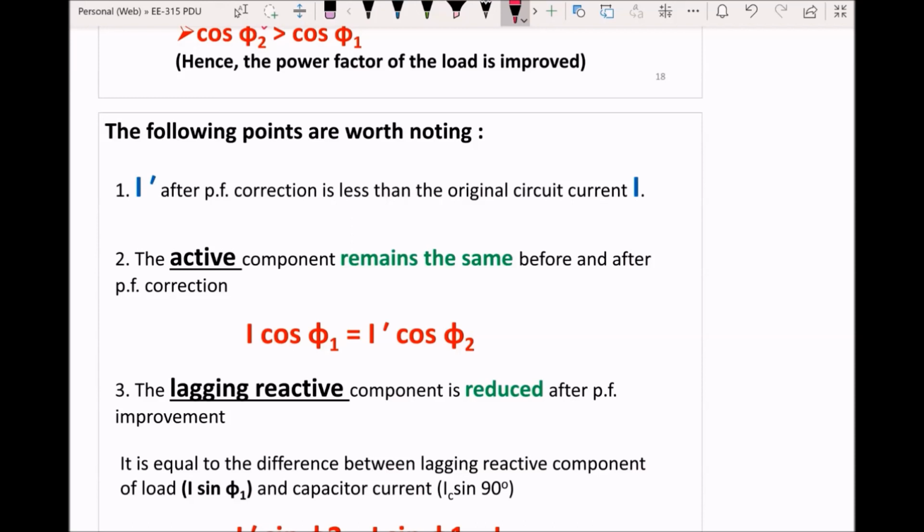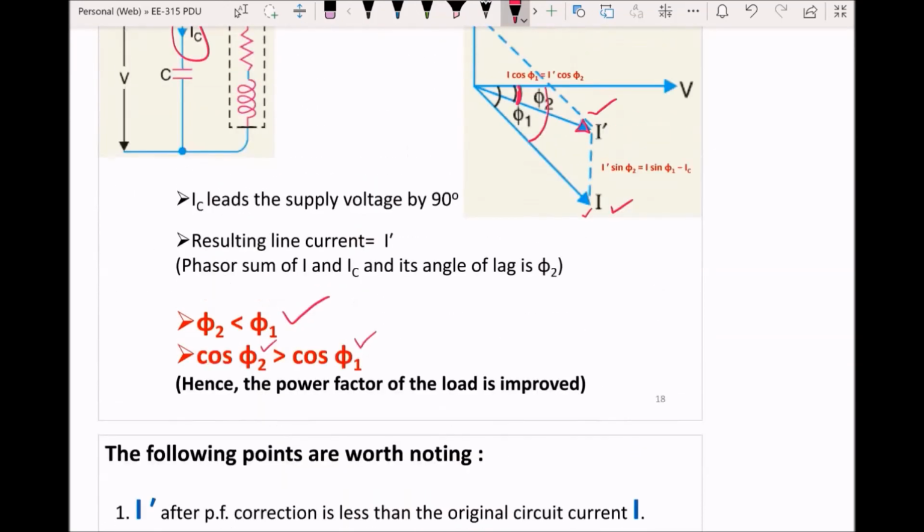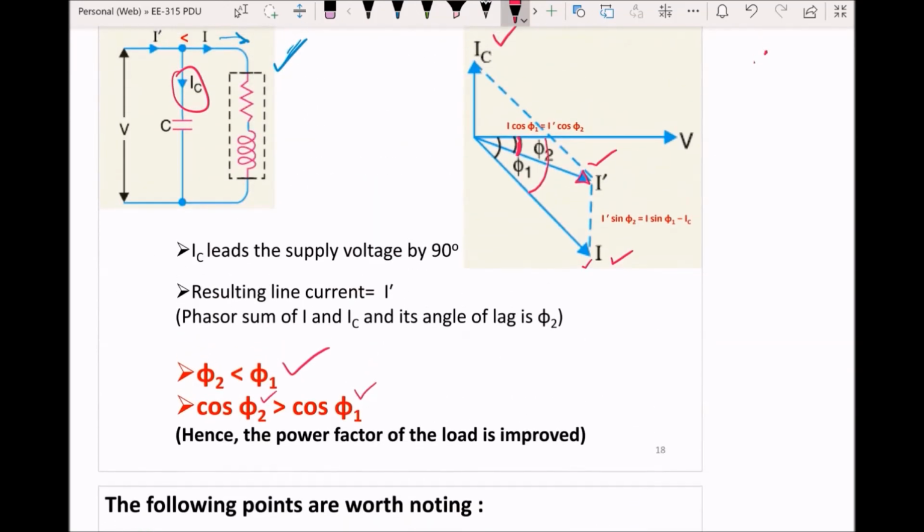This means that I cos phi will be equal to I dash cos phi 2. So this capacitor will only reduce this angle here. This angle will be reduced with the help of the capacitor and doesn't have much effect on the x-axis.